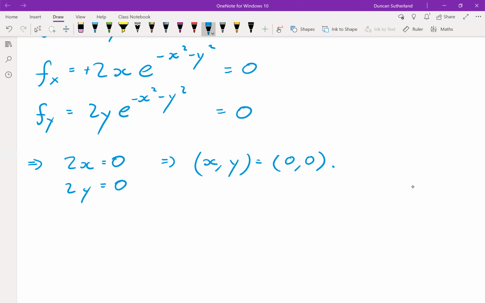The next thing we got to do is calculate the Hessian. Now the Hessian is a matrix of second partial derivatives, right? So it's got the non-mixed ones, the pure double ones, down the main diagonal, and it's got the mixed derivatives on the off diagonal, right?